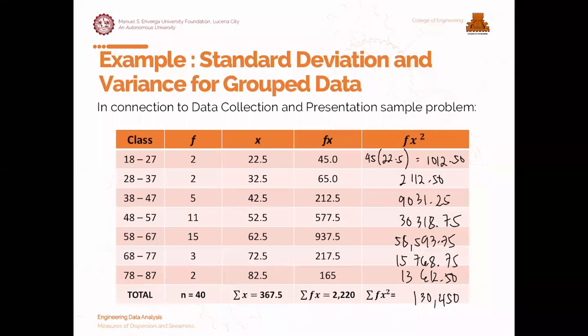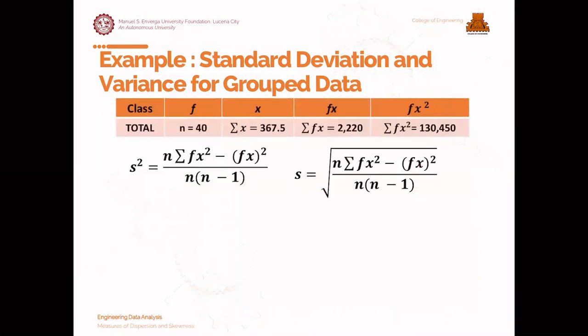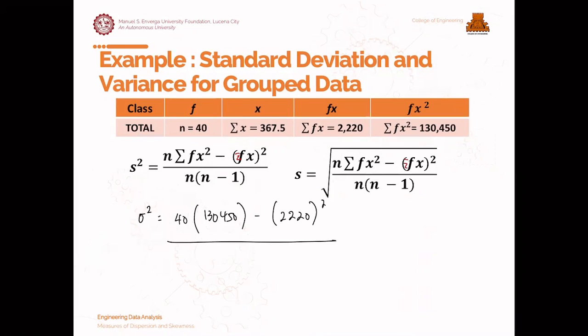Then taking the summation of each column, yung last column natin is 130,450 ang summation. Okay? So once na nakakuha na tayo ng summations na yan, we proceed dun sa formula natin. Okay? So again, meron tong summation na mark. So substitute lang natin. Sa variance natin, we have 40 times 130,450 minus 222 squared, all over 40 times 40 minus 1. Okay?